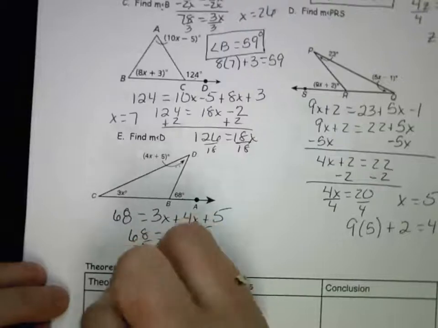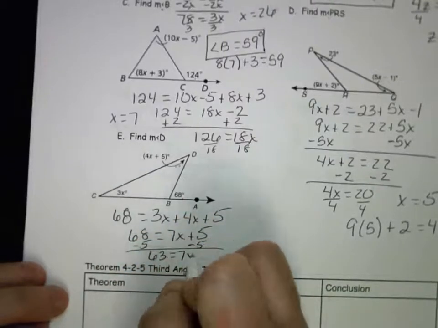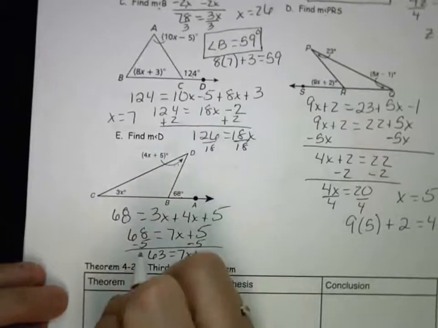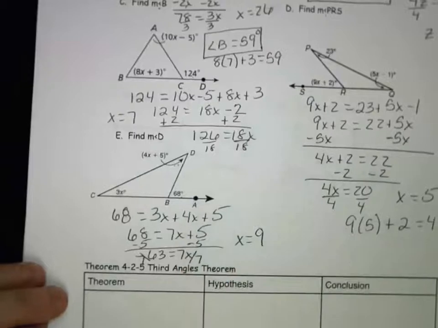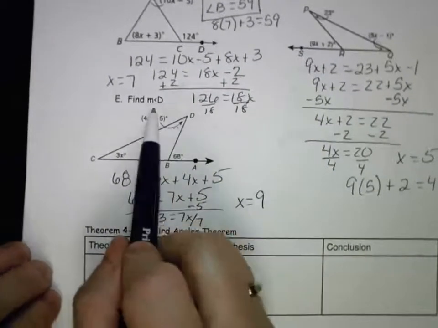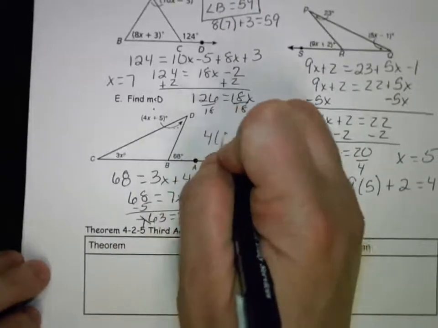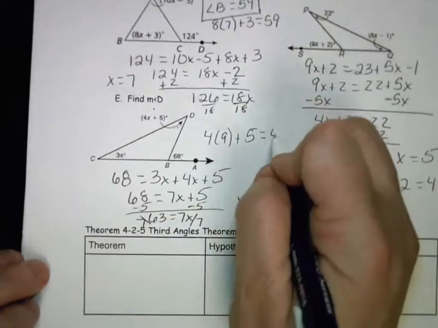Subtracting 5 from both sides, you have 63 equals 7x. And when you divide both sides by 7, x equals 9. And in this one, we are asked to find angle D. 4 times 9 is 36, plus 5 is 41.